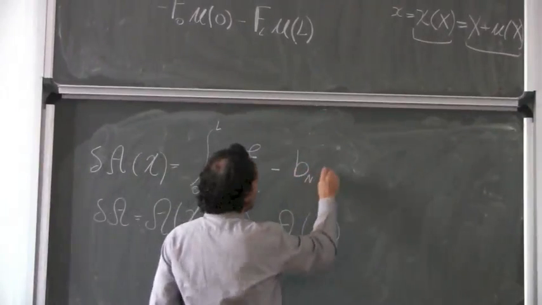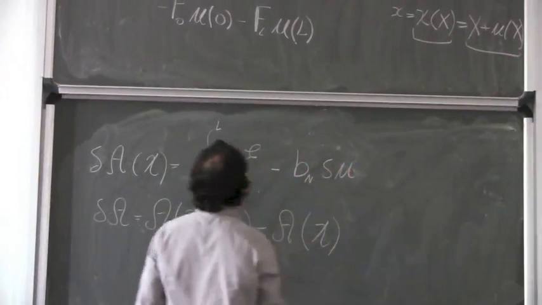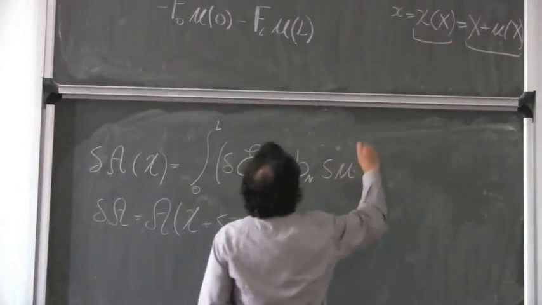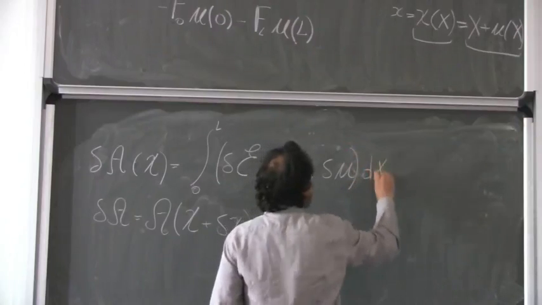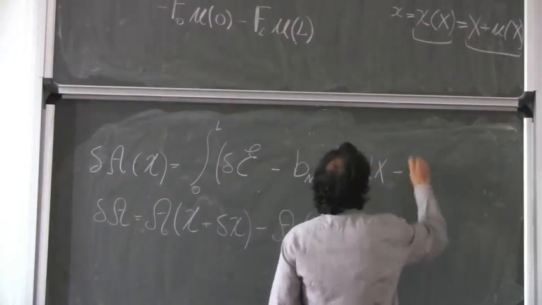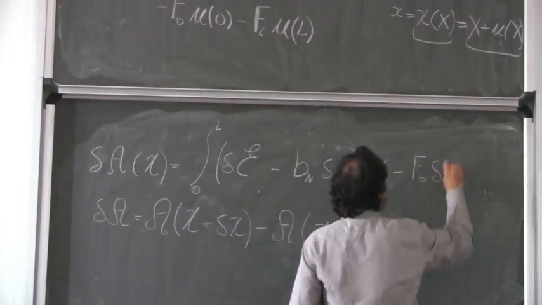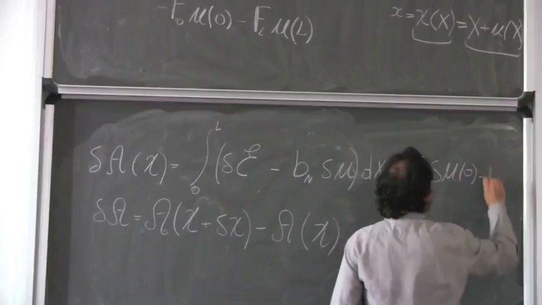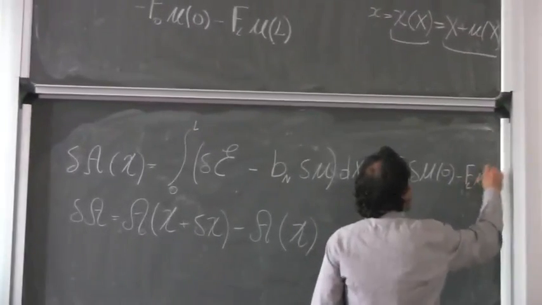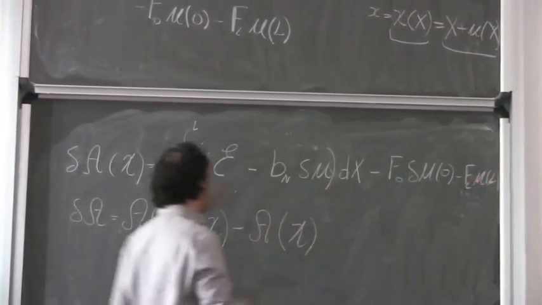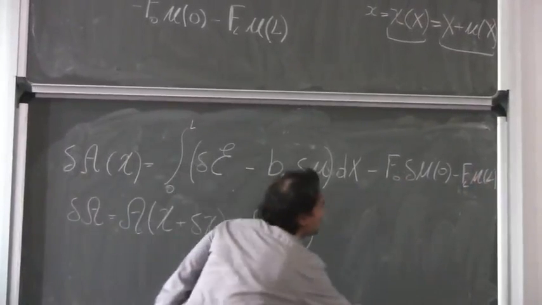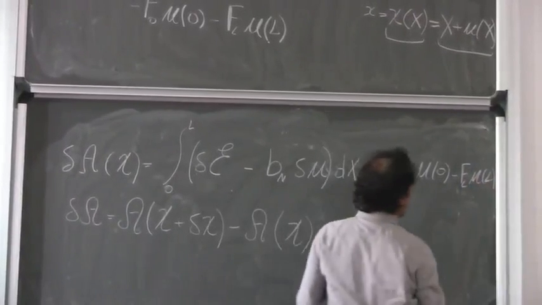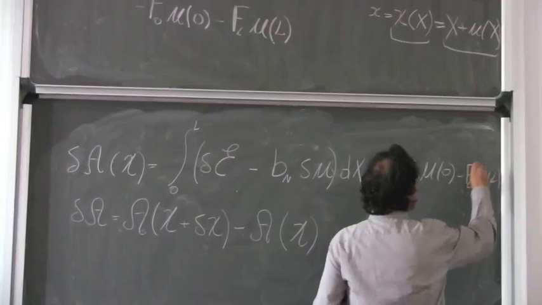So we have Bn delta U dx, then minus F0 delta U at 0 minus FL at L.